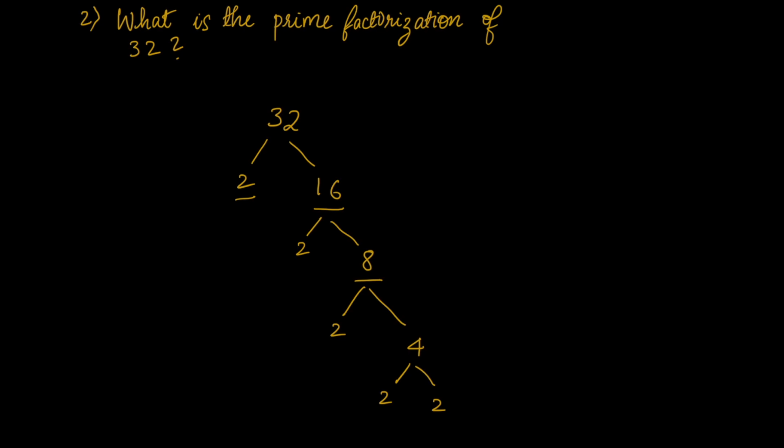Now at this point we can stop the process since 2 is a prime number, and the prime factorization of 32 is 2 into 2 into 2 into 2 into 2, which is equal to 32.